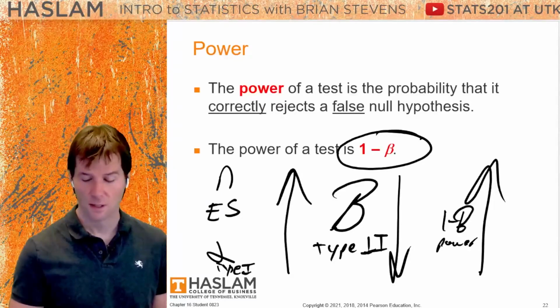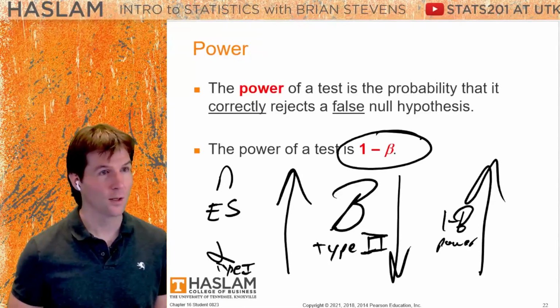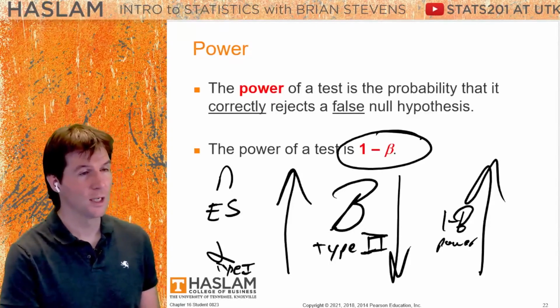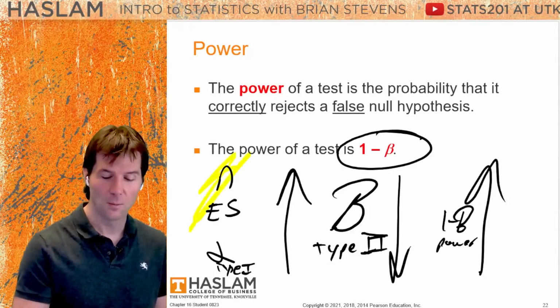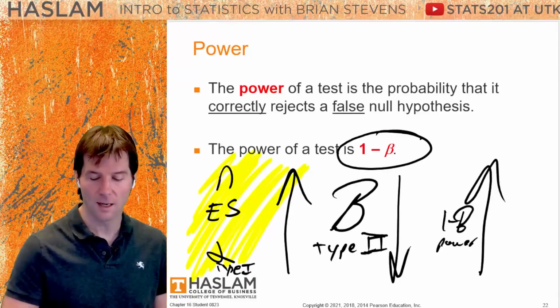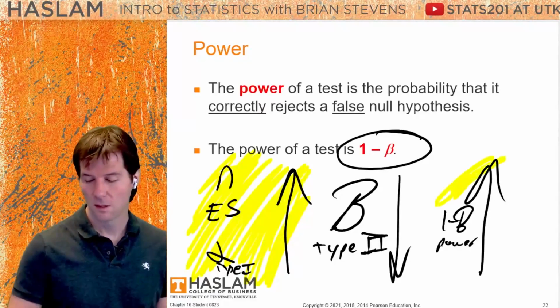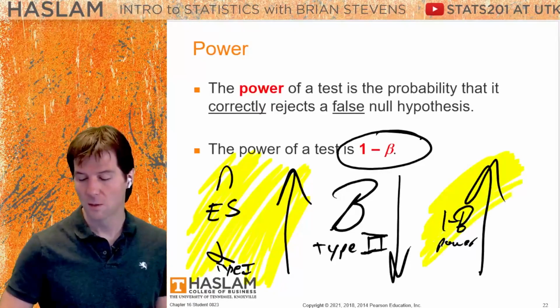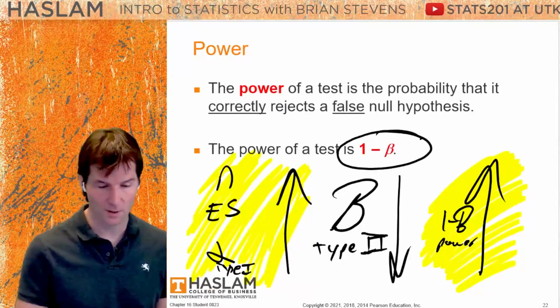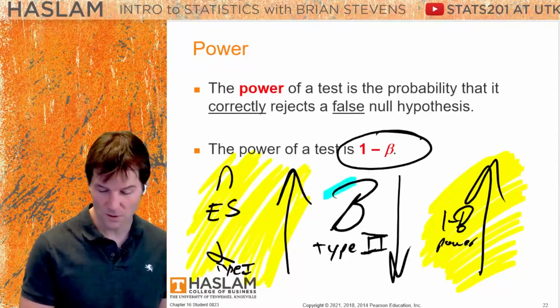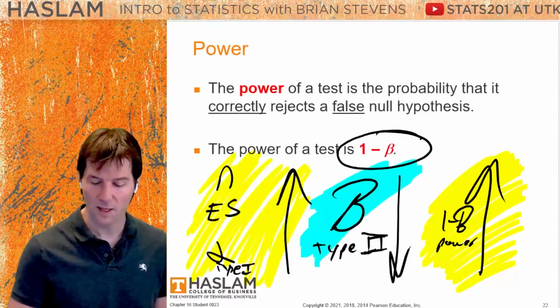Think about this. If you don't make a type 2 error, then you reject the null when you should, because a type 2 error is failing to reject the false null. So the important thing to know is that every one of these is positively correlated with power and inversely correlated with beta.